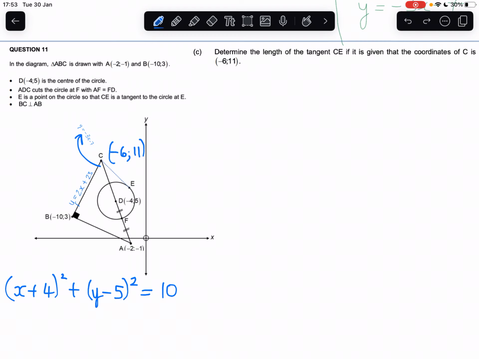In order to find the length of the tangent, we need the coordinates of E. We have the coordinates of C. We need the coordinates of E.